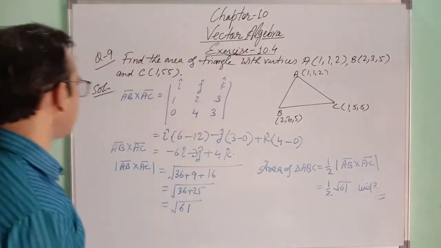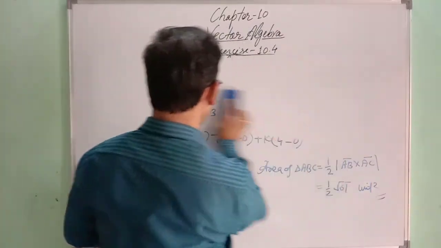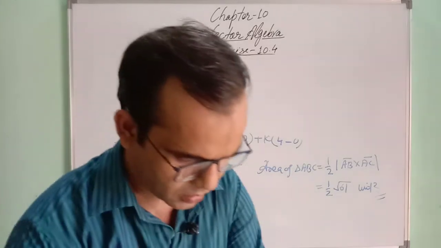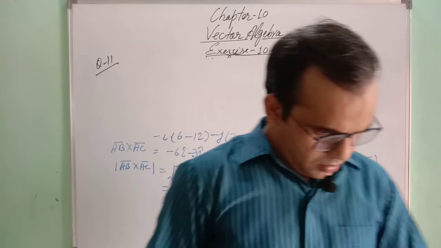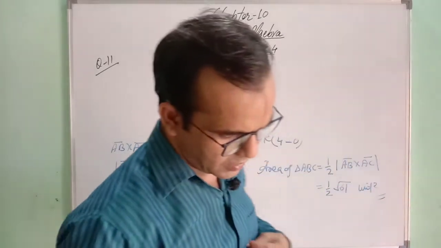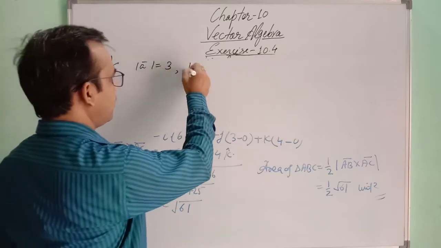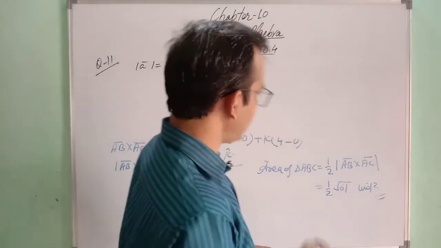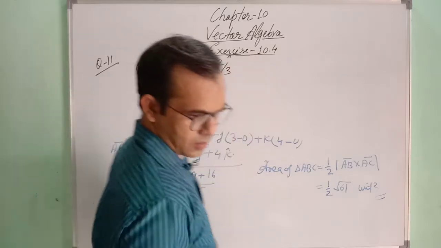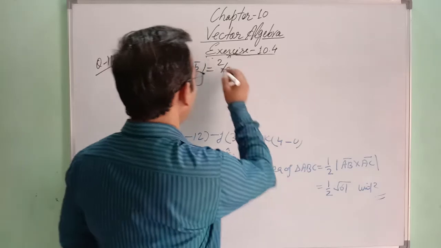Okay, so let me try question number 11. In question number 11, the magnitudes of A vector and B vector are given. Magnitude of A vector is 3. Magnitude of B vector is given to be root 2 by 3.